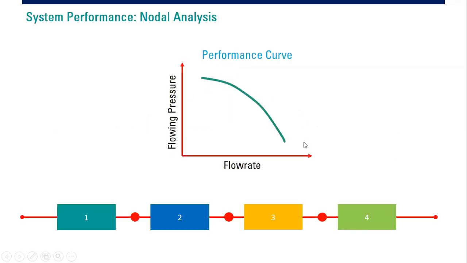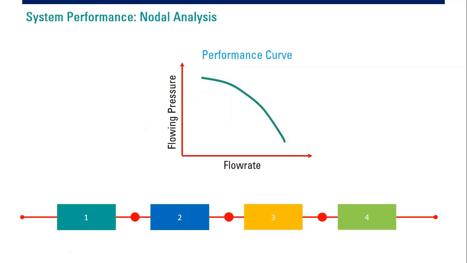If we highlight the first part, this block or element has a performance curve. If you are studying petroleum engineering, chemical engineering, or mechanical engineering, you are familiar with performance curves. For example, if you have a pump, the performance of the pump can be described with a performance curve.